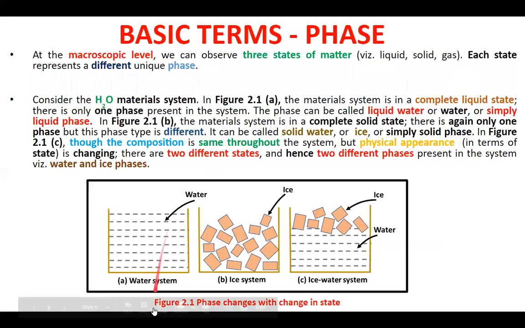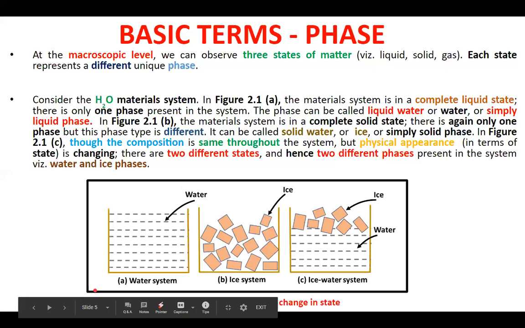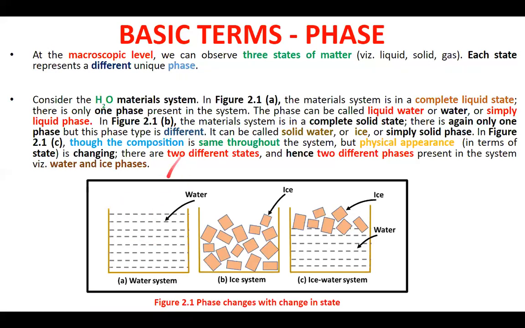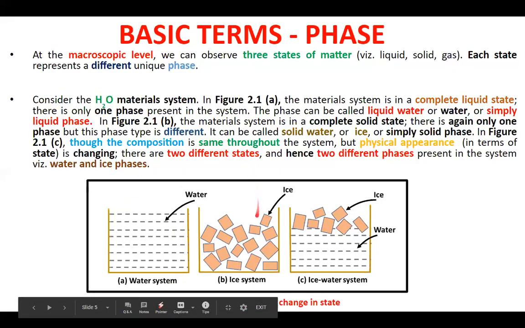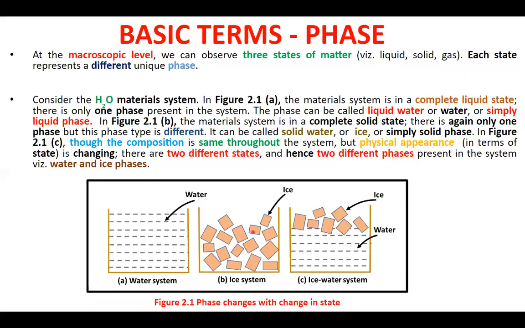For example, here in this figure, I've taken the example of a water system. And I'm saying that when you talk about figure A, a pure water system, there is one phase in the system. You may call that phase liquid water, or water, or liquid H2O, whatsoever. And if the same water has frozen, again it has got one phase, but the type of the phase has changed.